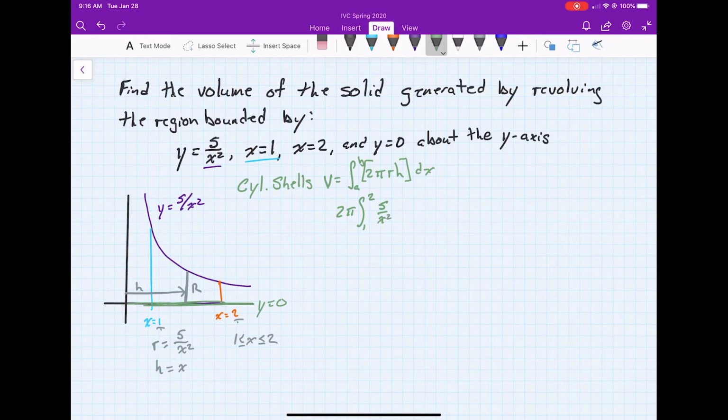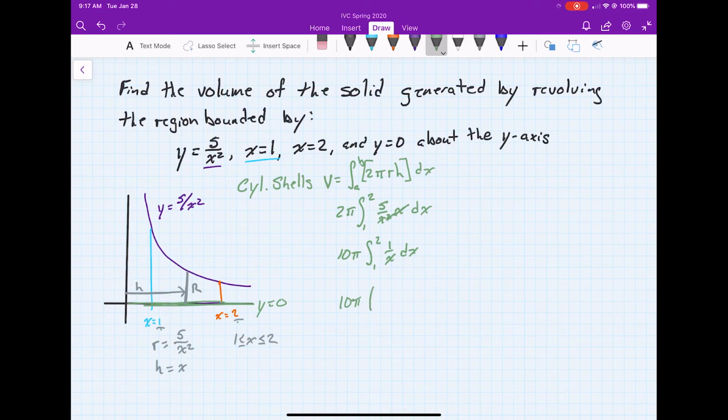And then we have 5 over x squared as our radius, and our height was x. And this, of course, is going to be dx. Now the x actually goes up on top, so it's 5x. And that means it's something that we can pull the 5 out and actually make this 10 pi. And one of the x's on the top will cancel with one on the bottom, so we end up with 1 over x dx.